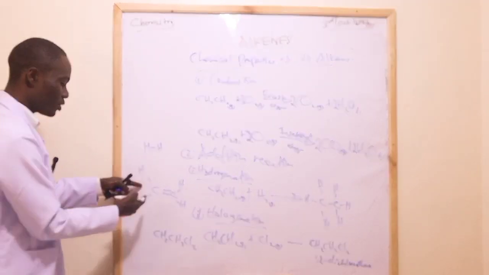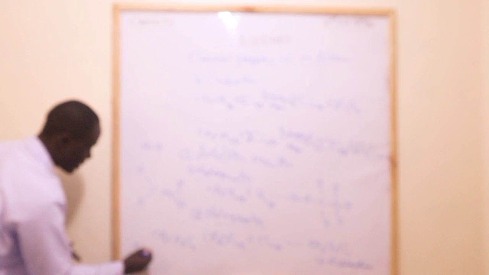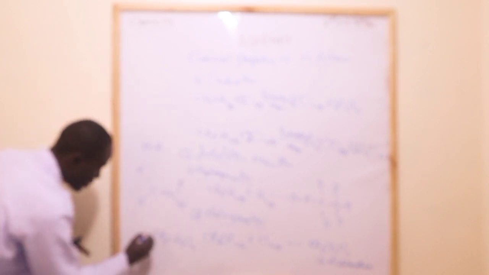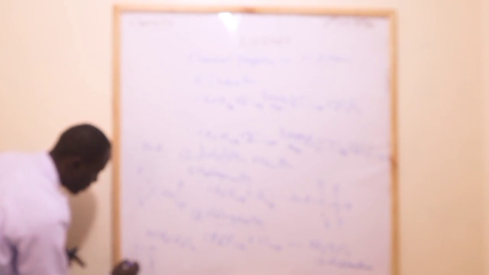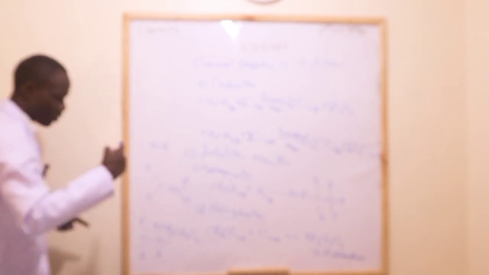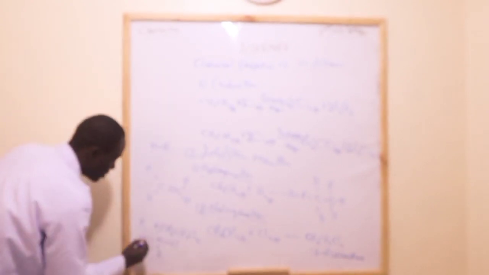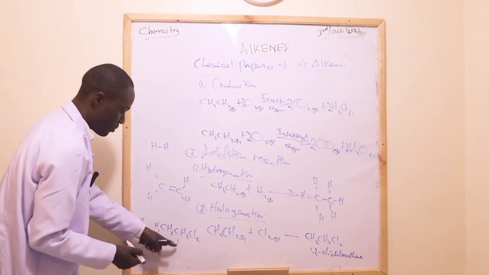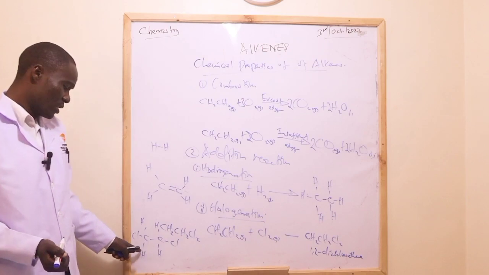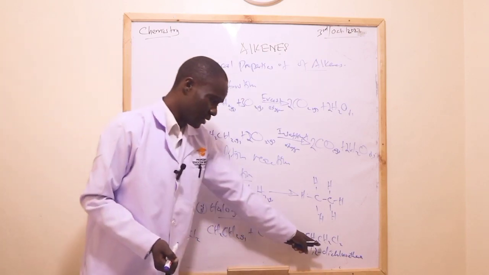Because when the double bond is broken, the two hydrogen atoms on each carbon remain, leaving free valence electrons that accommodate the chlorine atoms this way. So this is the open structural formula of 1,2-dichloroethane.